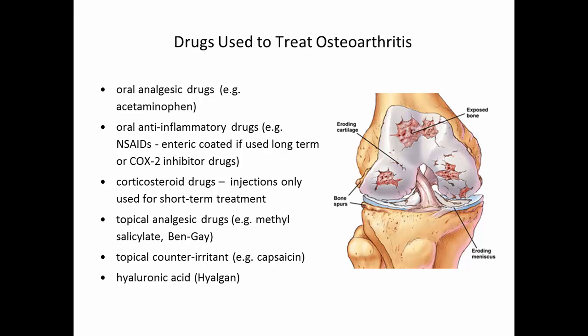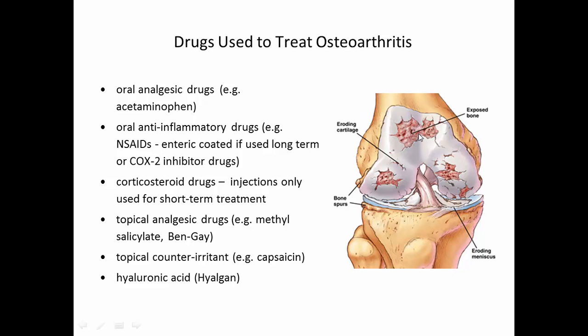Some of the drugs that are used to treat osteoarthritis are to prevent pain, so oral analgesic drugs. Again, you have to be careful when you're taking analgesic drugs, especially things like NSAIDs, that you can have stomach lining problems if you take them over long periods of time.